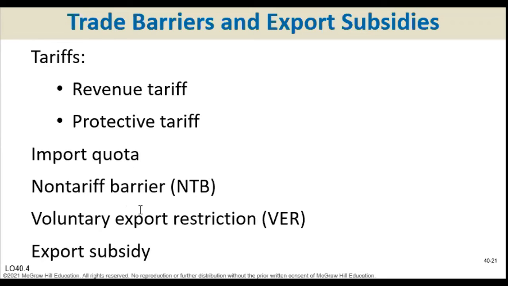And we also have the voluntary export restriction. A voluntary export restriction is when foreign firms voluntarily agree to limit the amount of export to a particular country.